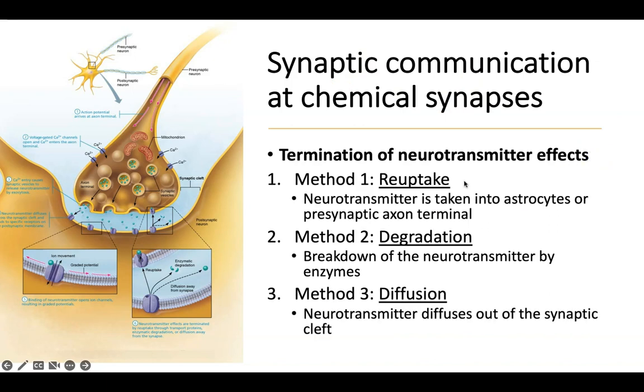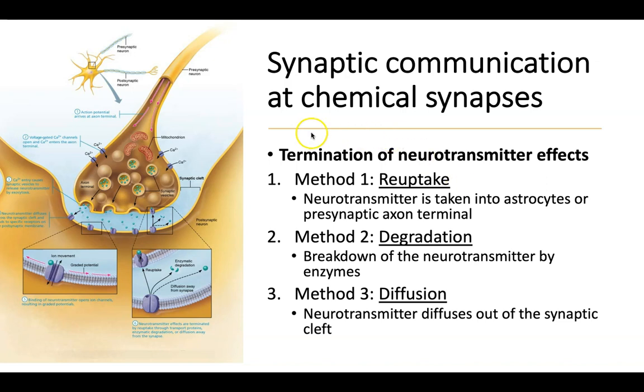So the final step of synaptic communication at a chemical synapse would be the termination of neurotransmitter effects. This is vital because the nervous system is meant to be a rapid and short-lived communication system. This allows it to be very specific in its effects.